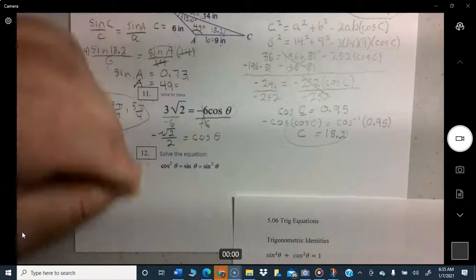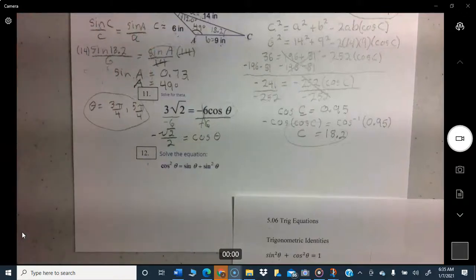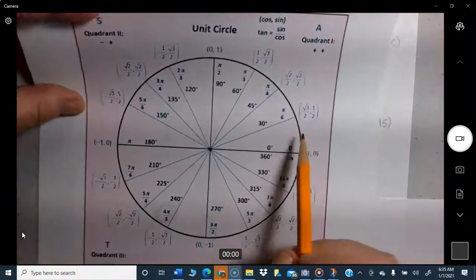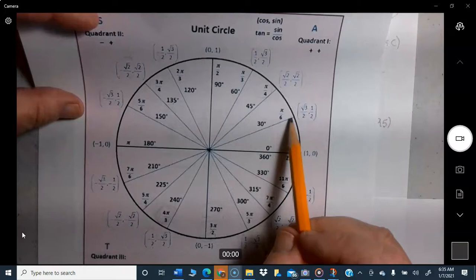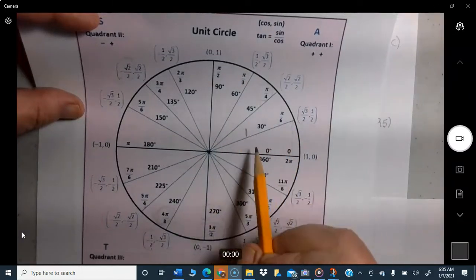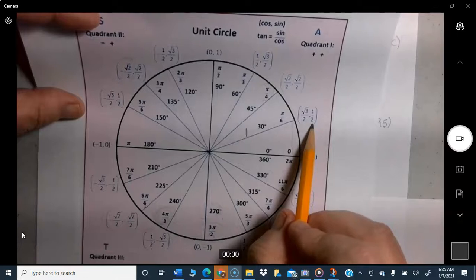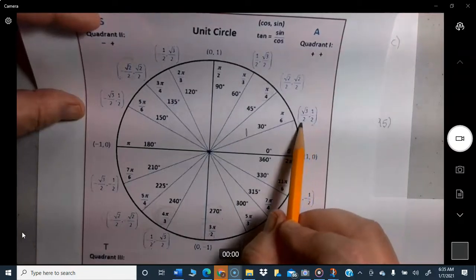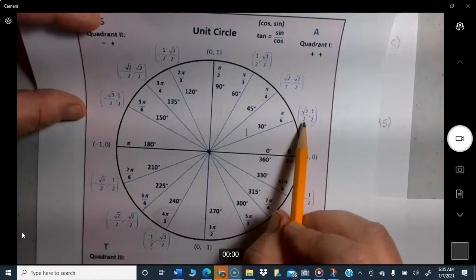Why is that? Well, if you come to your unit circle and you look at 30 degrees, for example, and remember on a unit circle, this hypotenuse is 1. So if you take sine squared, that's 1/2 squared, that's 1/4. And if you take cosine squared, that's square root of 3 over 2 squared.